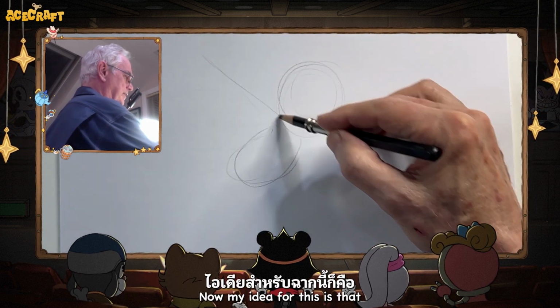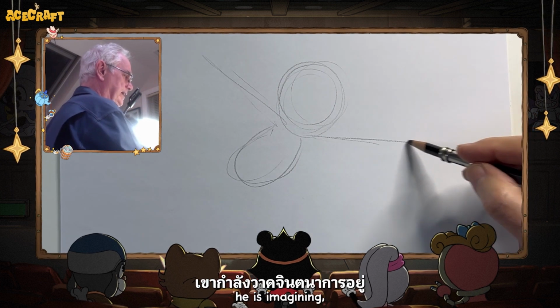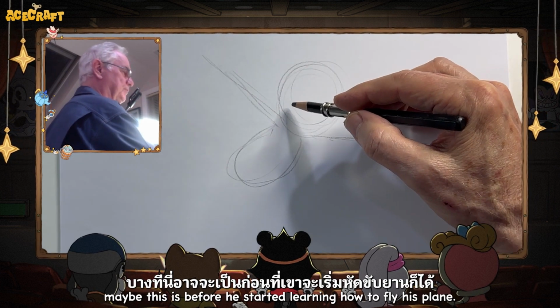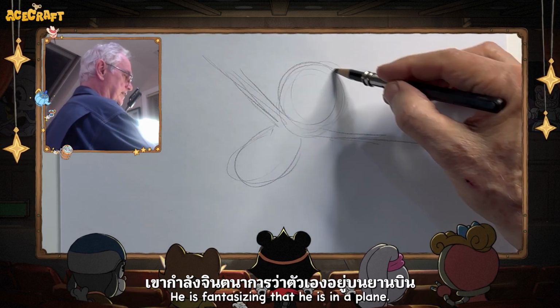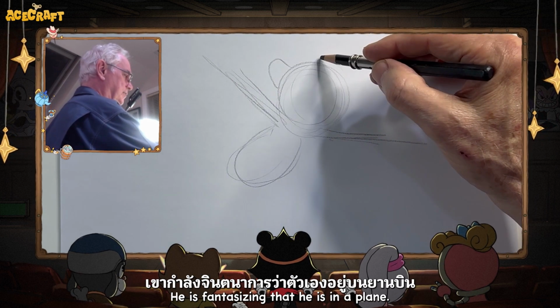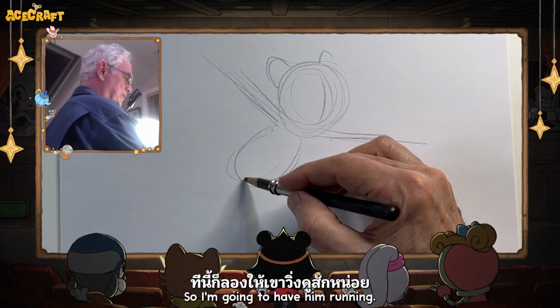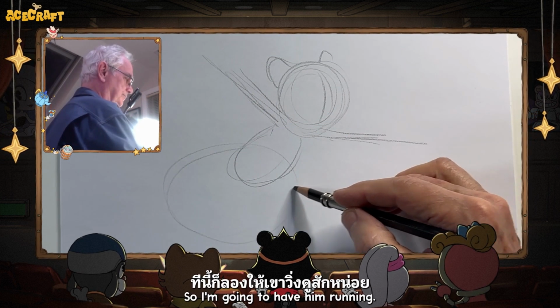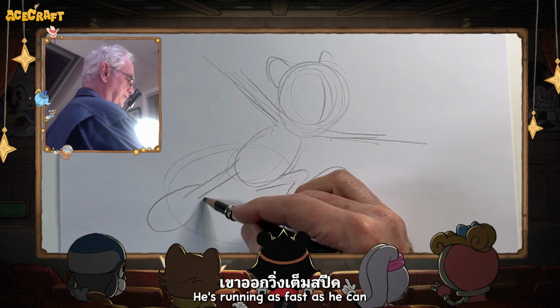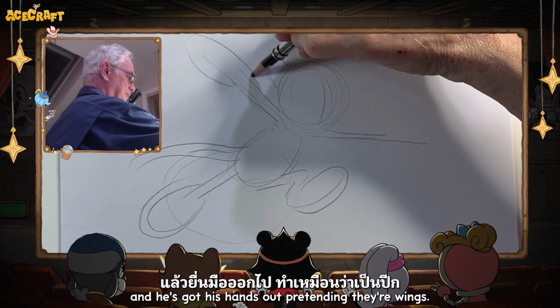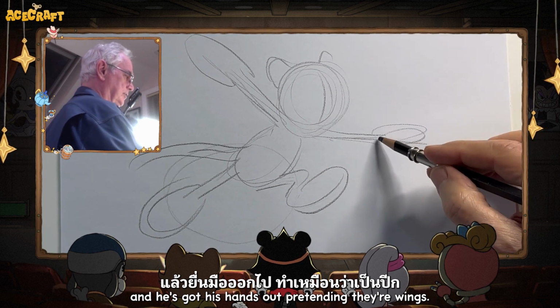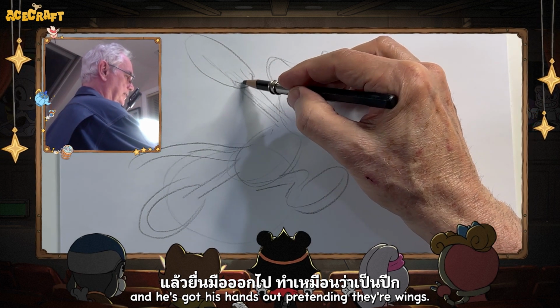Now, my idea for this is that he's imagining, maybe this is before he started learning how to fly his plane. He is fantasizing that he is in a plane. So I'm going to have him running. He's running as fast as he can. And he's got his hands out, pretending they are wings.